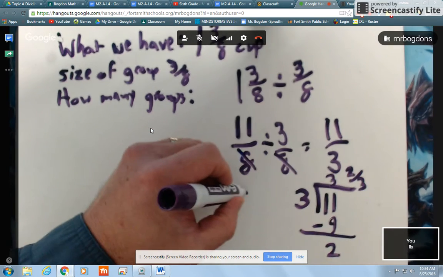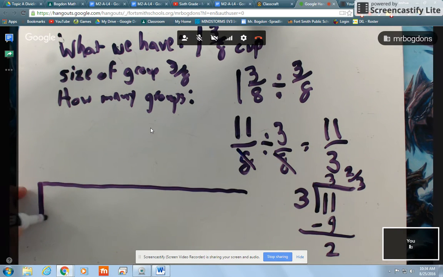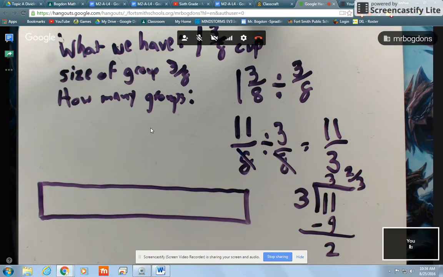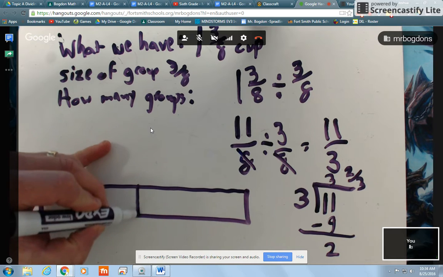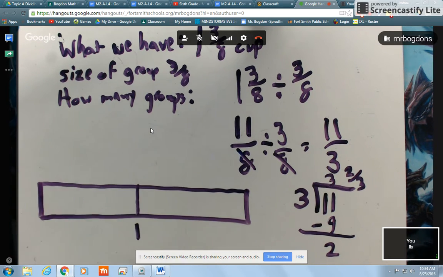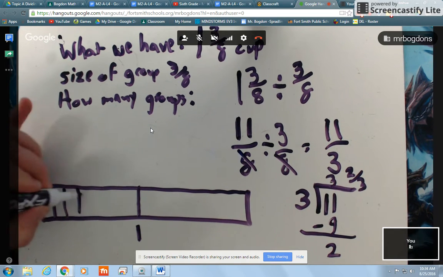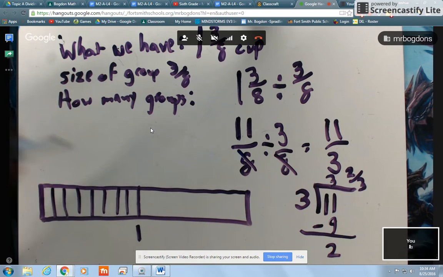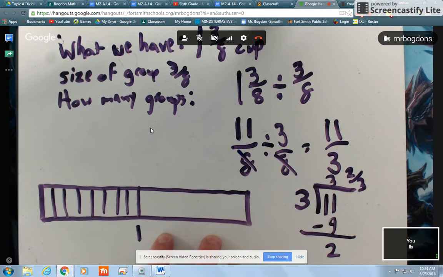So my model would look like this. I need to represent the whole. So there's 1. How many eighths are in the first whole? 8. 1, 2, 3, 4, 5, 6, 7, 8. Now I need some more. So I need to model 3/8.